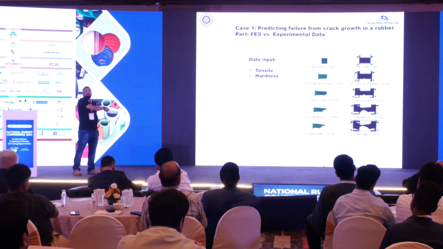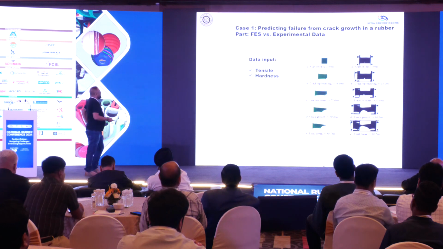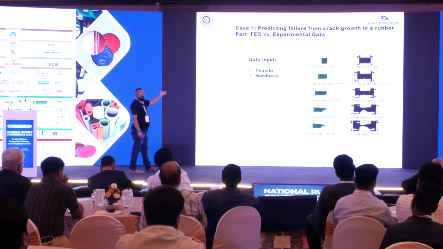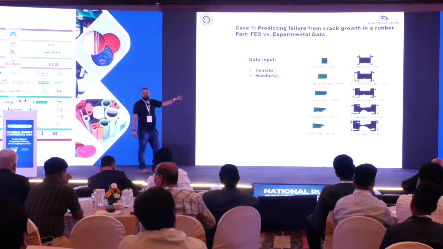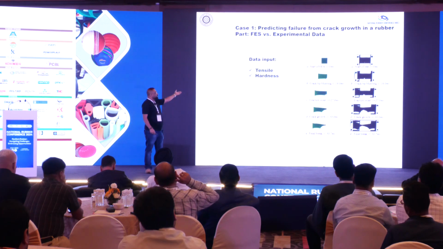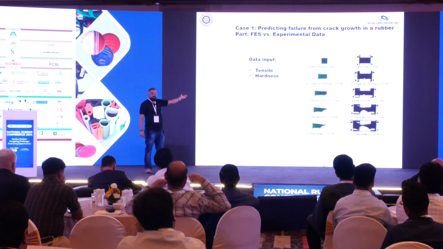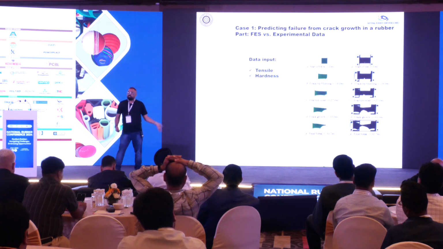The simulated and experimental data just matched, and you see what minimum data you need to give: tensile and hardness. You don't have to make this product. You just develop the compound, find the tensile properties, measure the hardness, put them in, simulate, and get the result.